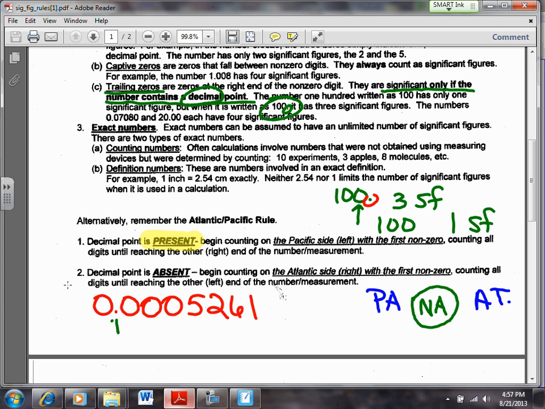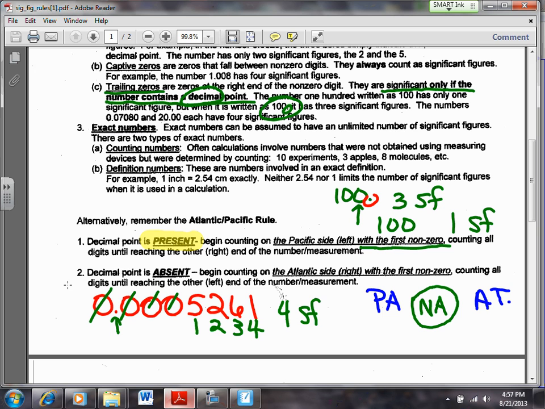So there's your continent. This is the Pacific side, but it's a 0. So you begin counting with the first non-zero number. So I'm not going to count that one, or that one, or that one, or that one. I'm going to start counting with 5. 1, 2, 3, 4. This number has 4 sig figs.